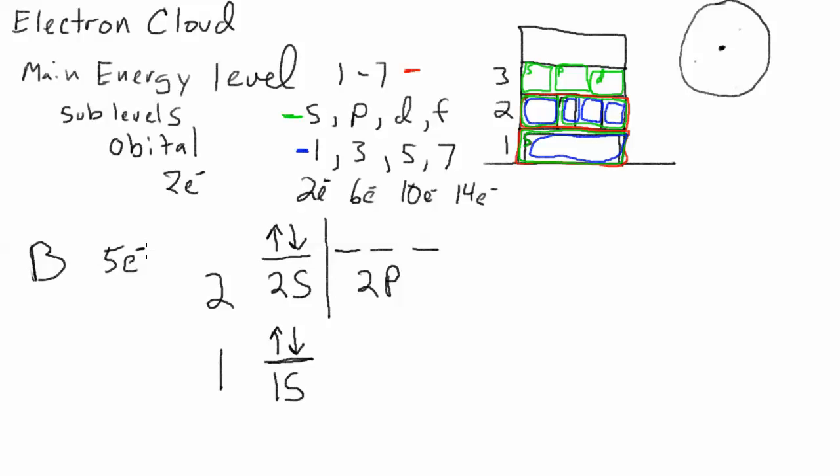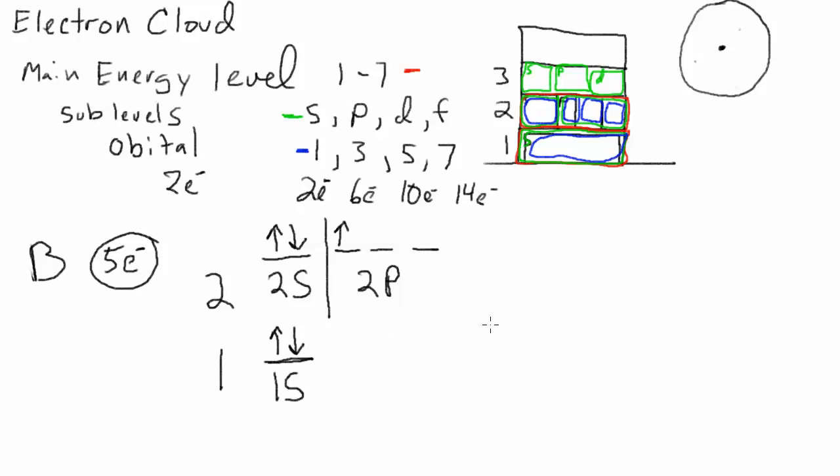But that's still not enough, because boron has 5 electrons. So the next electron has to go into the second main energy level, into the 2p sublevel, into one of 2p's 3 orbitals. So I'm just going to go ahead and put it in the first one. And now we've got all 1, 2, 3, 4, 5 electrons that are in boron.